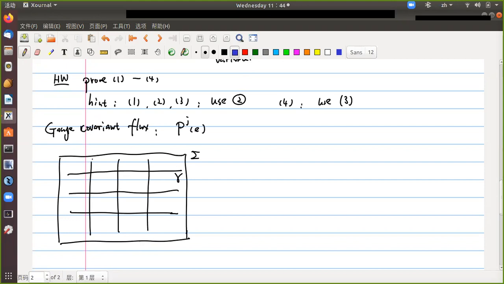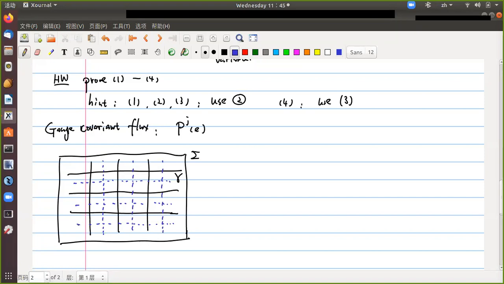What is the dual lattice? When I draw it, you will see the pattern. The dual lattice is basically a lattice whose faces intersect the edges of the original lattice.